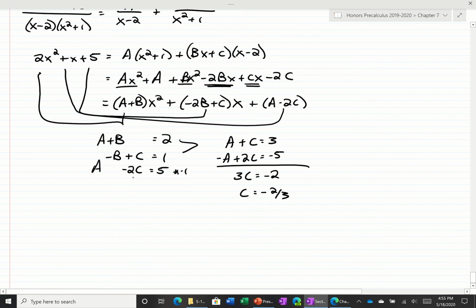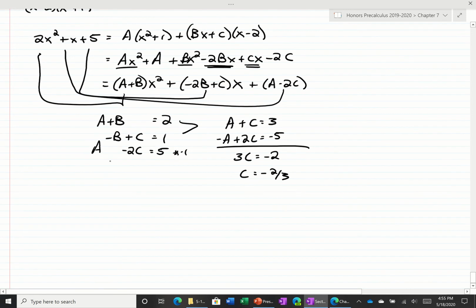And a minus 2c is equal to 5, right? Combining those, we get a plus c is equal to 3, and negative a plus 2c is equal to negative 5. Yeah, that's all right. So 3c equals negative 2, so c is negative 2/3. That's correct. Okay, so if c is negative 2/3, we could plug that in.